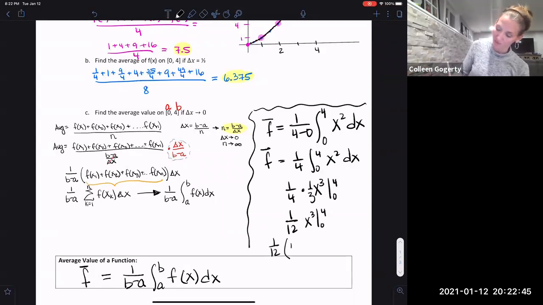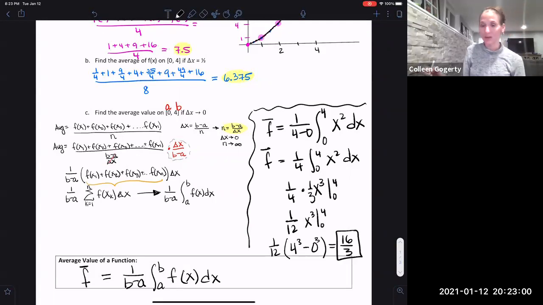We've got 4 cubed minus 0 cubed. 4 cubed is 64. 64 divided by 12, I'm getting 16 over 3. So the average value is approximately 5.3. Actually, exactly 5.3 repeating.